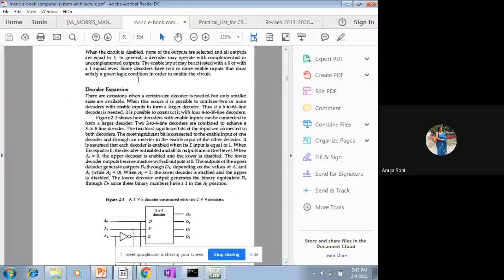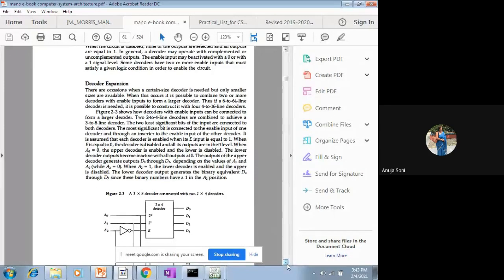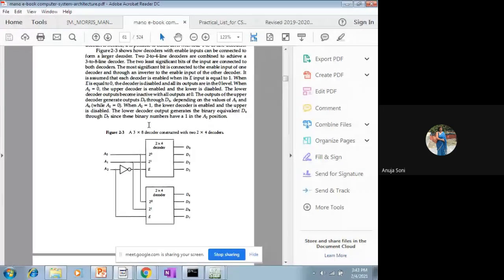And then another type of question may be decoder expansion. Sometimes what happens is that whenever hardware engineers have to draw some integrated chip of this size, they have with them only a number of 2:4 size decoders.